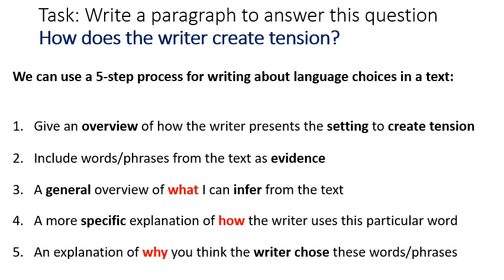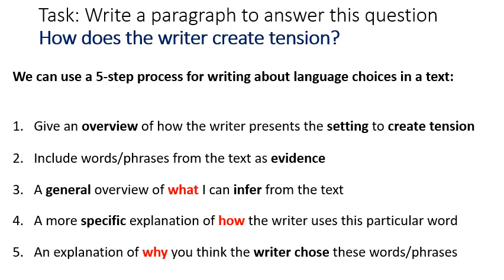Then secondly, you include words and phrases from the text as evidence to back up what you're saying. So if you're saying that it's cold, you need to give a sense of the words that make you feel cold. Third, a general overview of what you can infer from the text.